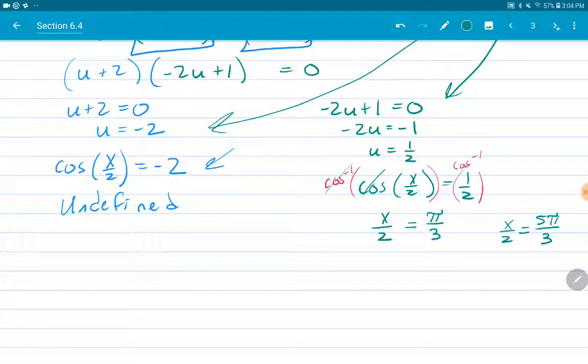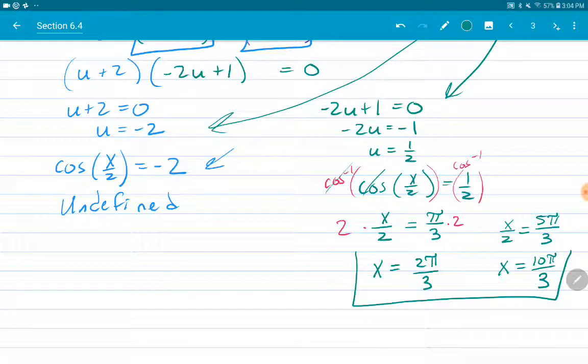Then solving for x, I need to multiply both sides by 2. I get x equals 2 pi over 3, and on this side, I get x equals 10 pi over 3.